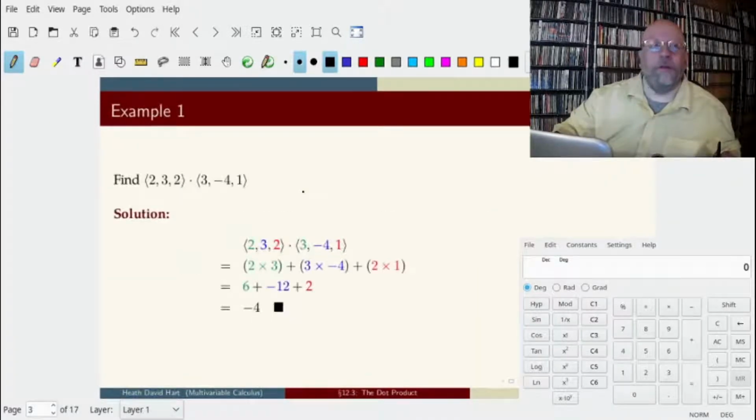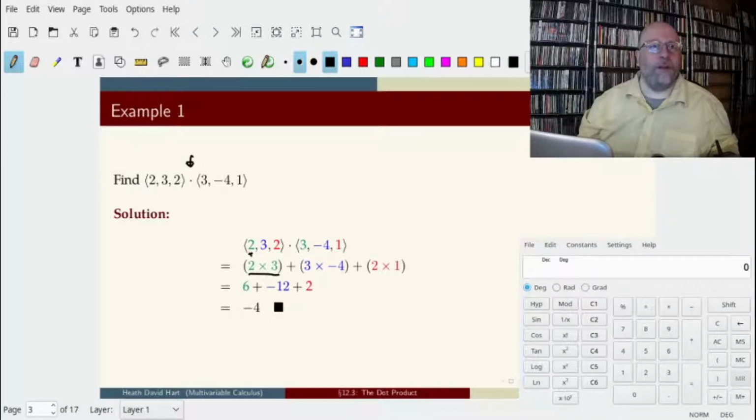This is what we're doing here. So if I want to find the dot product of these two vectors, we call it the dot product, and we write a dot between the two vectors to indicate that that's what we're doing. We take the 2 and the 3 and multiply them together.